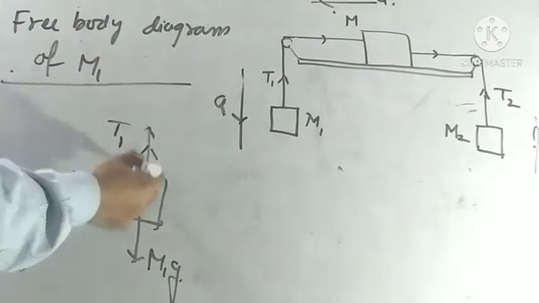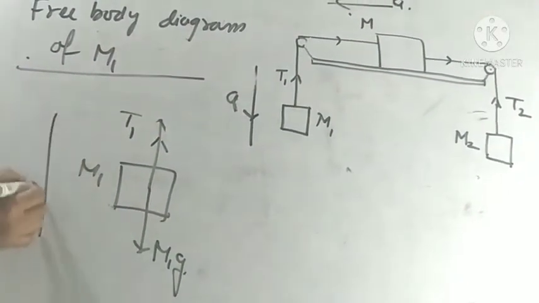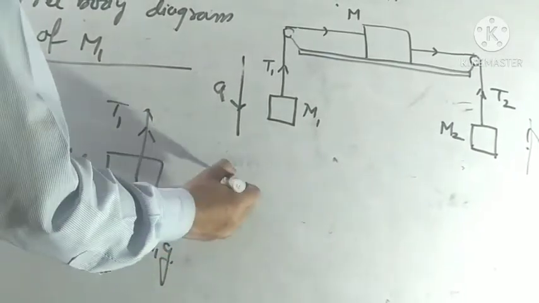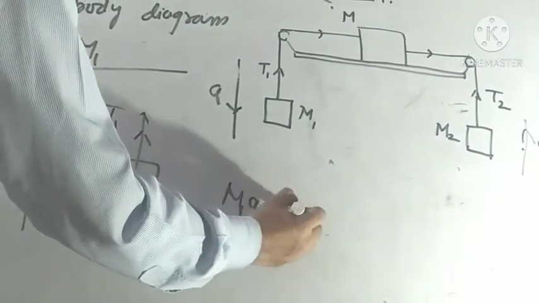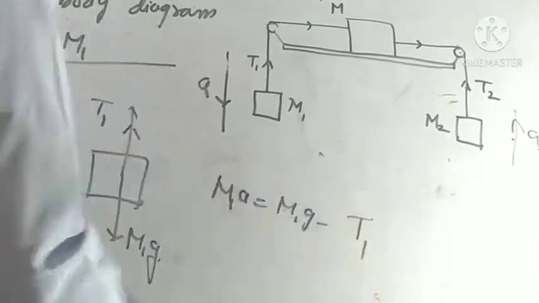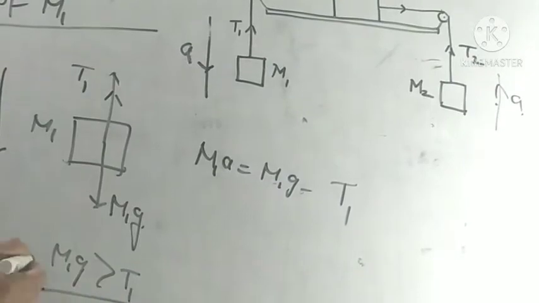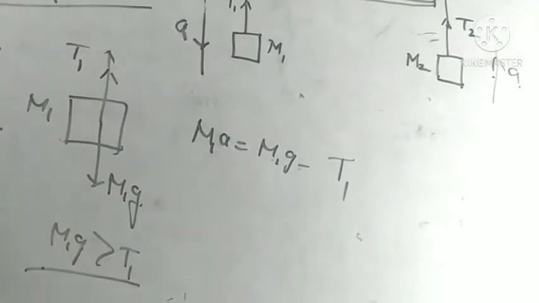But this body will move vertically downward with acceleration A, so the net force on this body will be M1A is equal to M1G minus tension T1. Here the weight of this body is greater than the tension T1 in the string. This we call equation number 1.